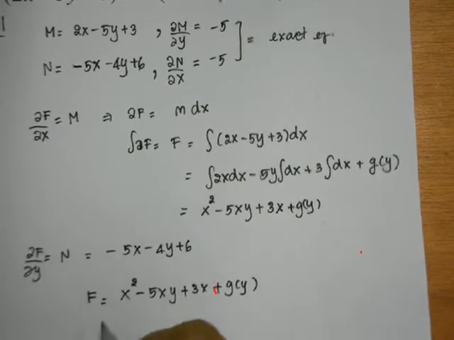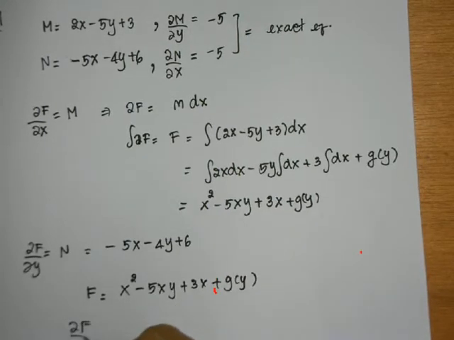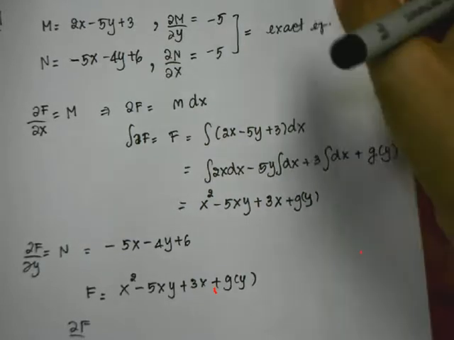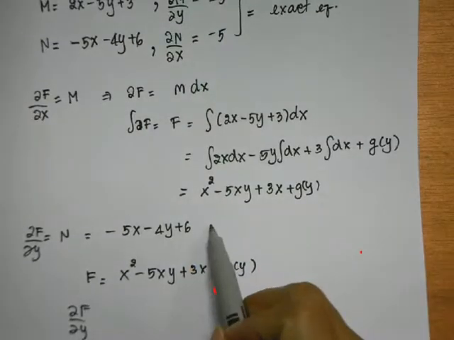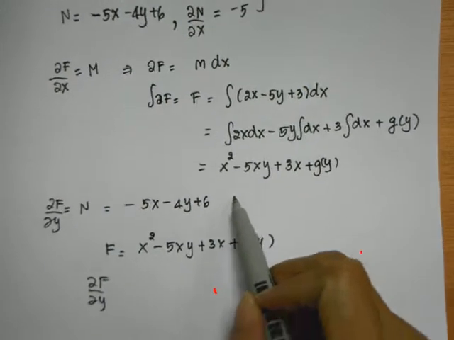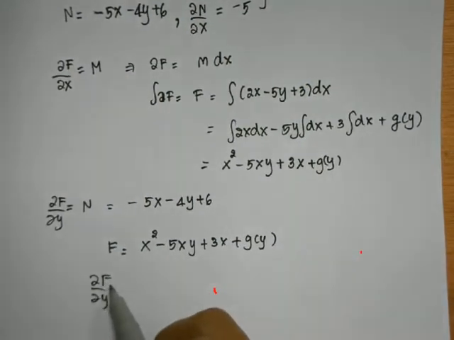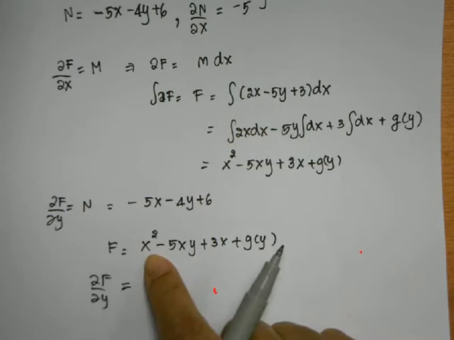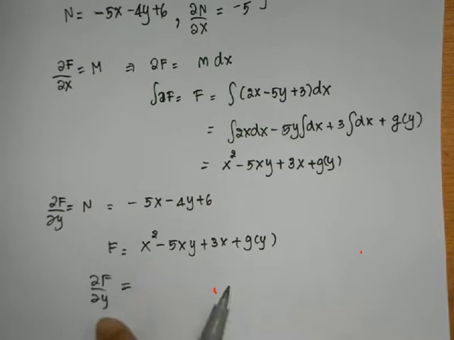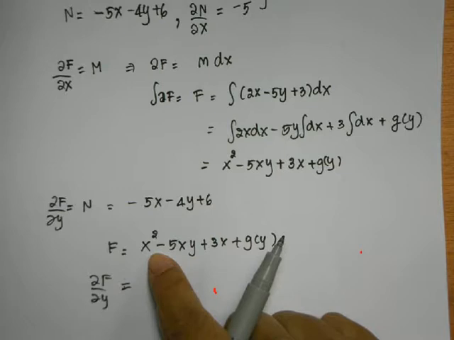So you do derivative of f with respect to y, then it will be equal to this term, right? Now, derivative with respect to y is equal to what? The first term equal to 0.